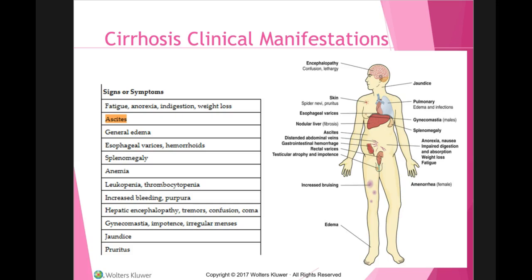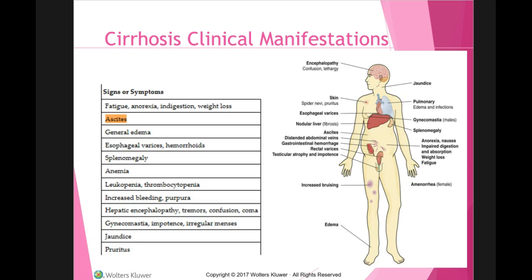But they're blood filled, and the most dangerous thing about these esophageal varices is that they're full of blood. So rupturing of these varices in the esophagus can be a life-threatening issue, and they can bleed out from rupture.